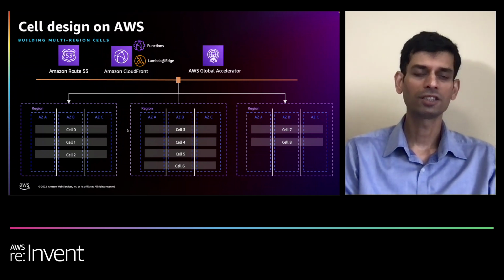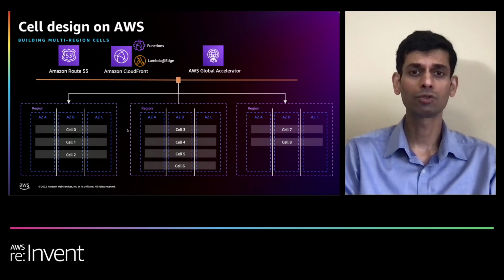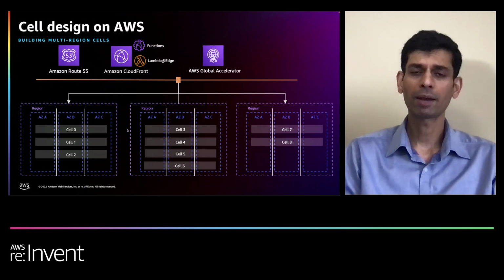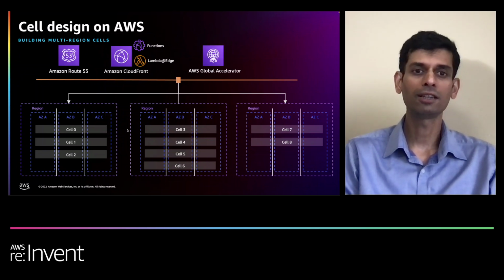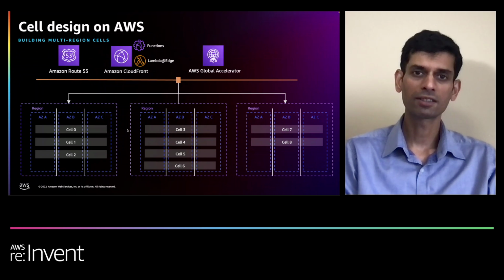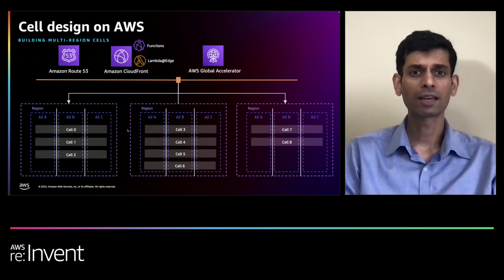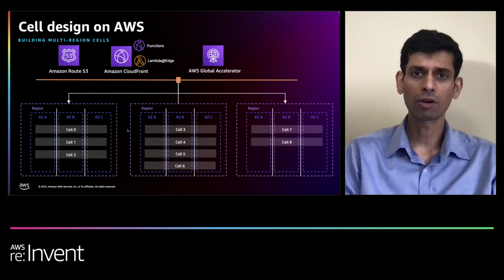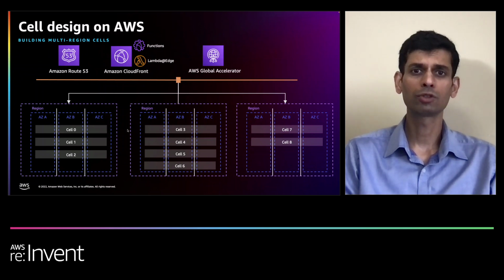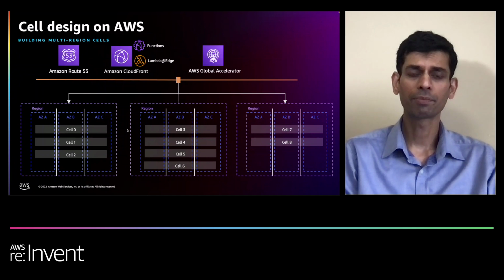When the internet is congested, it can optimize the path your users' traffic takes to your backend application using anycast technology, and it keeps the packet loss, jitter, and latency consistently low. It has a feature called custom routing accelerators, which can again be used to write your routing logic and map your users to specific endpoints or cells behind the Global Accelerator.